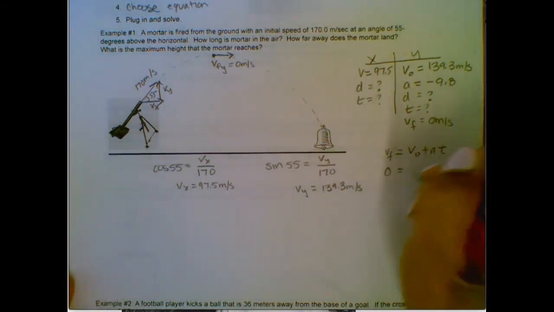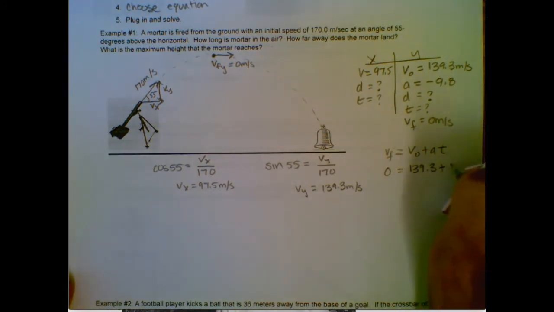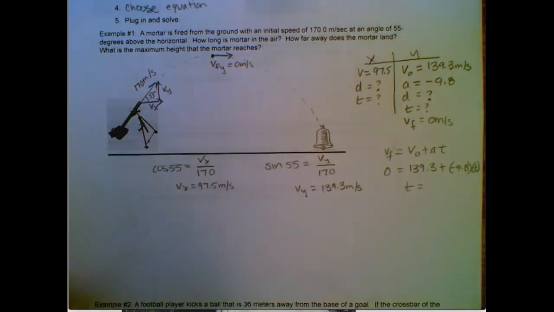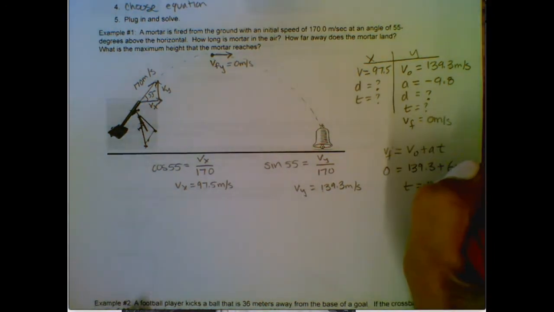VF we're going to say is 0, for now. V naught is 139.3, A is negative 9.8, and we're solving for T here. So let's plug that in. I got 14.2 seconds.